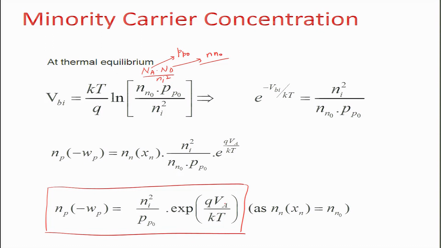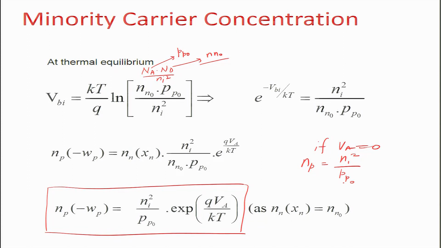Suppose Va was equal to 0, then the exponential will be equal to 1, and what you get is Np is equal to ni square divided by Pp naught, which is the minority carrier concentration in a normal N or P type semiconductor. Similarly, if you do it for holes, you will get the same answer.